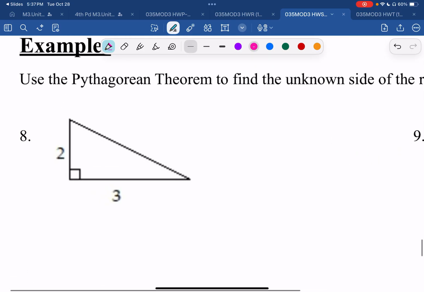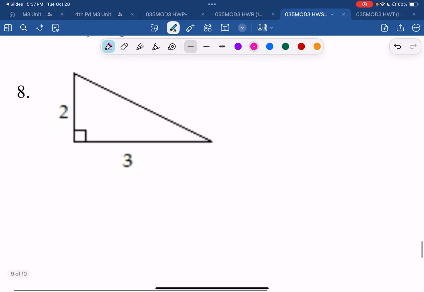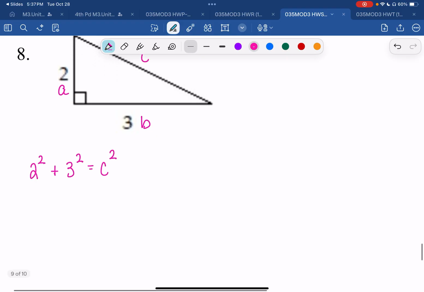So example 8 says use the Pythagorean theorem to find the unknown side. So here I've got the two legs that are given, and I know that they're going to be my legs. They're going to be my A and my B because they're the two that form that right angle. That means that C is the side I'm trying to find. So I'm simply going to set this up as 2 squared plus 3 squared equals c squared. And now I'm going to solve it.